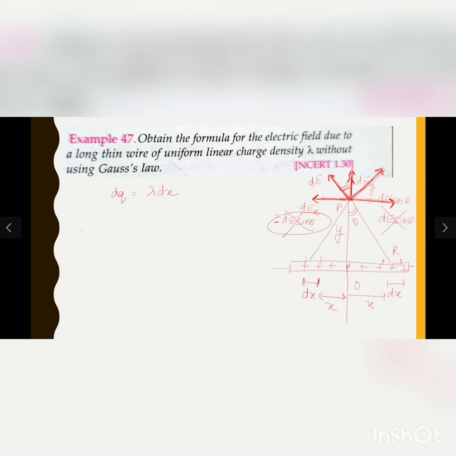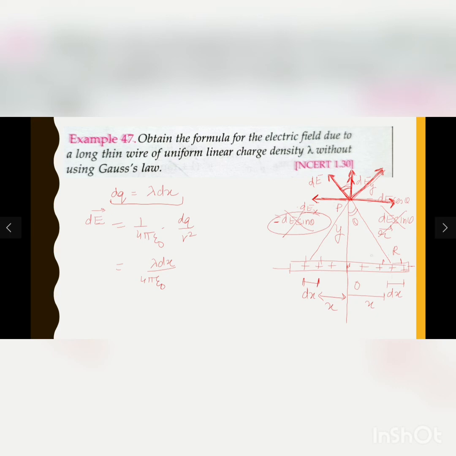So in a nutshell, first of all let us write down the contribution of electric field by the small element dq at this point. It would be 1 by 4 pi epsilon naught dq upon r square. Now in place of dq I can put lambda times dx, and r is the distance between point P and the element dx.